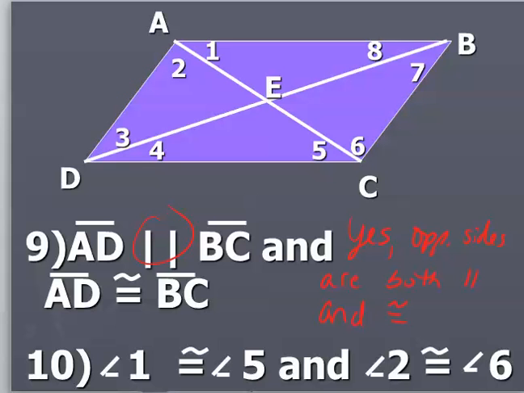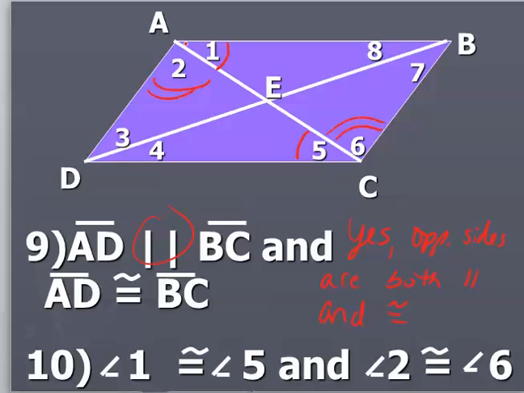Number 10, I'm actually going to read through these and just mark these, and then we're going to do some other things with the picture. I know that angle 1 is congruent to angle 5. I also know that angle 2 is congruent to angle 6. Well, let's see if we can use what we know about congruent angles and parallel lines.